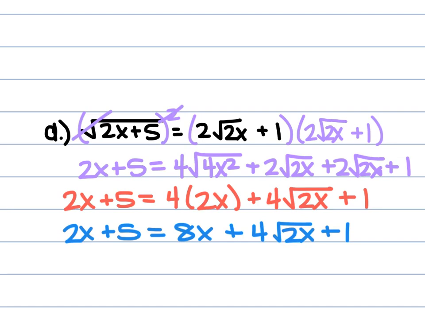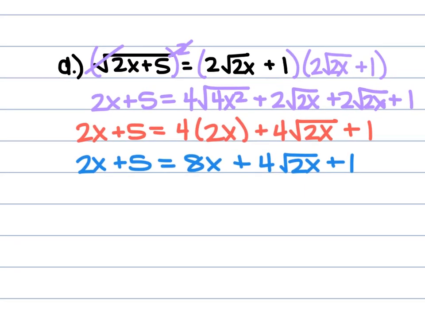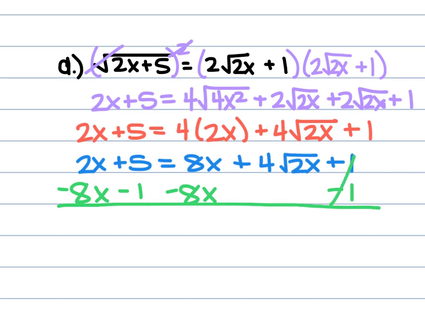From here, you have to keep going with this. So we're going to move the 8x over, get the radical by itself. We're subtracting it. We're going to move the 1 over by subtracting it. So this is going to leave us with negative 6x plus 4 is equal to 4 square root 2x.